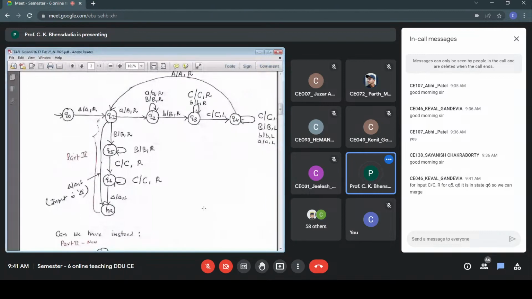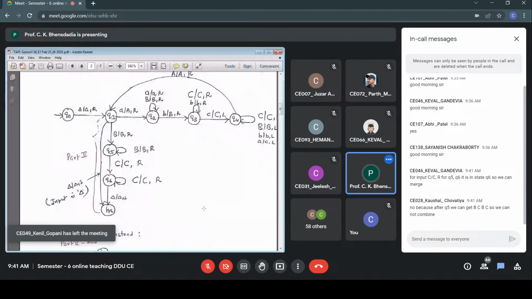Okay. Keval. Yeah. Kaushal, Keval, you can check Kaushal, we can merge. We go ahead, Keval's answer, we can merge.